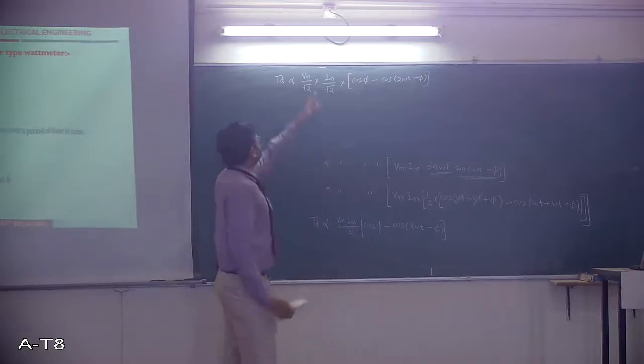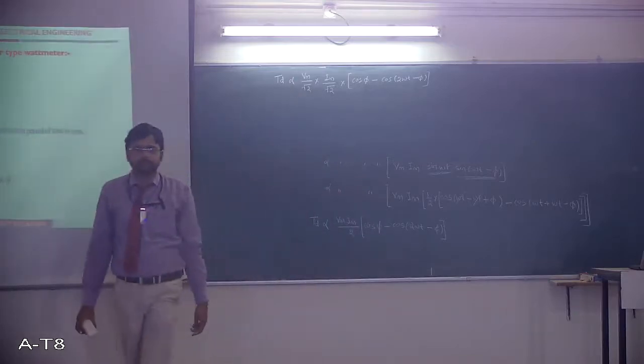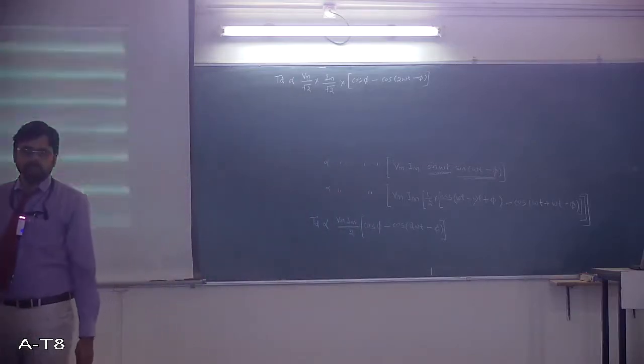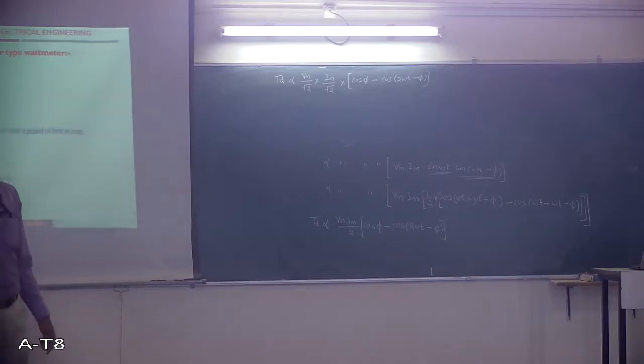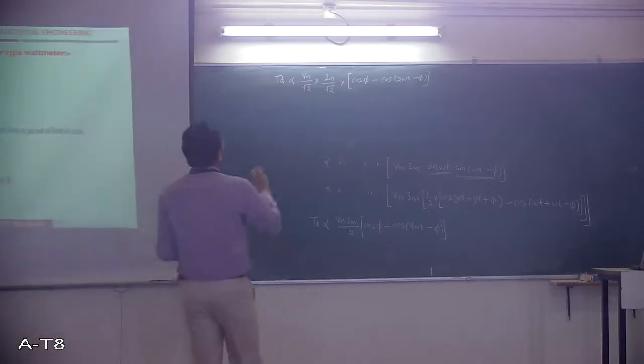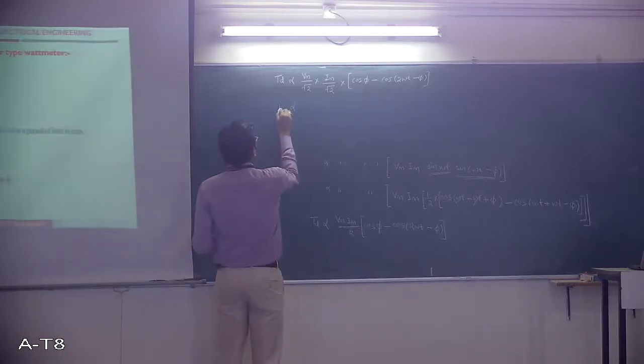What is this Vm by root 2 and Im by root 2? Maximum value divided by root 2 always gives you the RMS value. So it is Vrms into Irms.